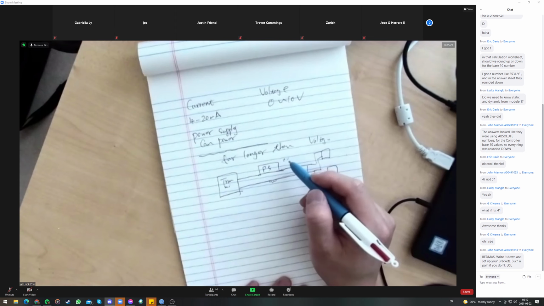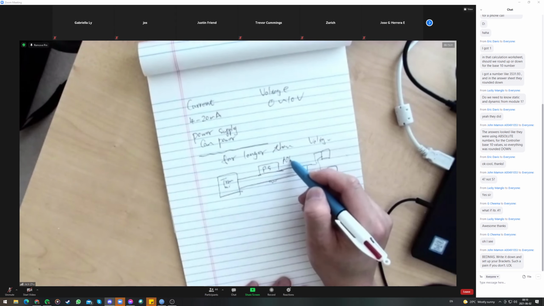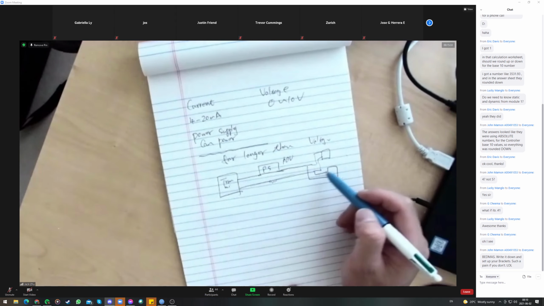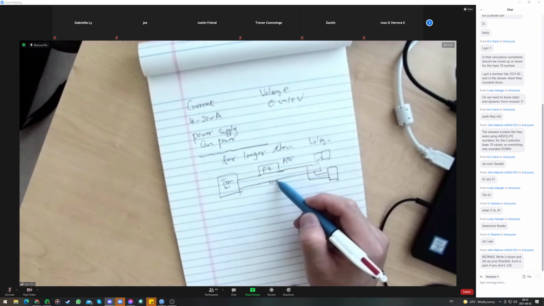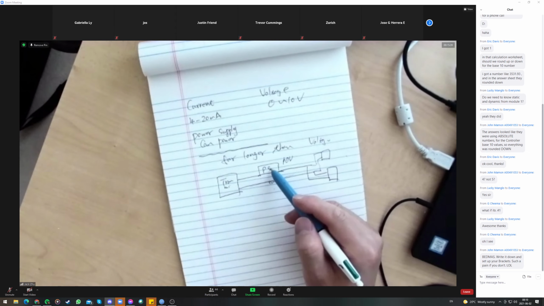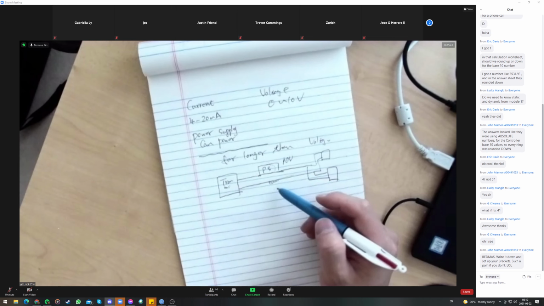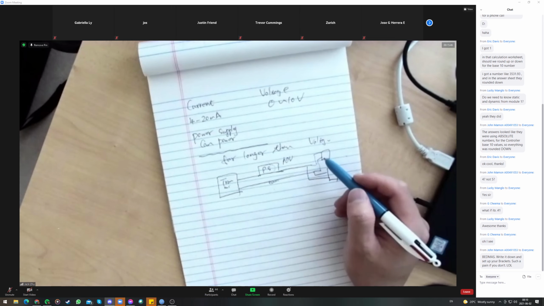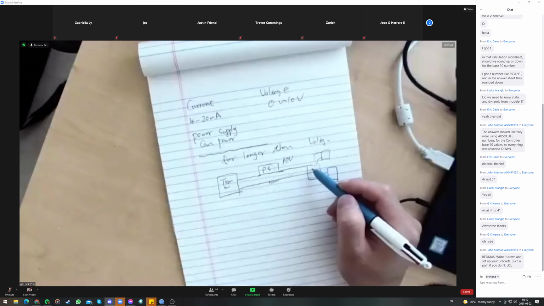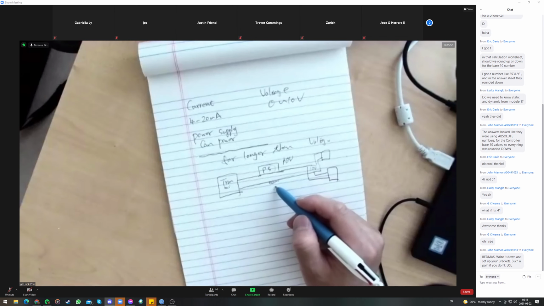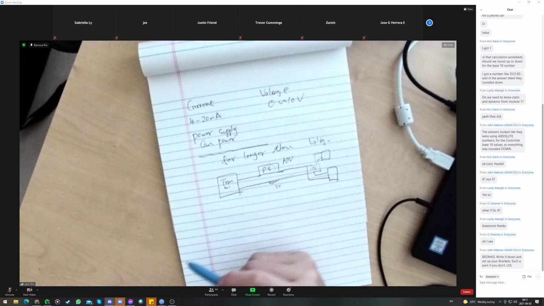That's fine. But when your output should be 10 volts, you will be driving a current through, and this wire resistance will have a voltage drop. So you have to take into consideration that the power supply has to be able to deliver 10 volts around here, while you have a voltage drop of maybe 1 volt or 2 volts, right?